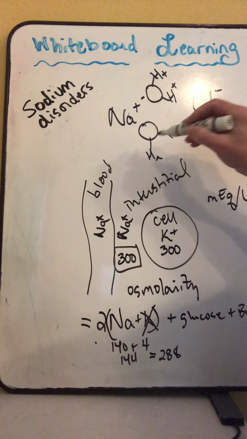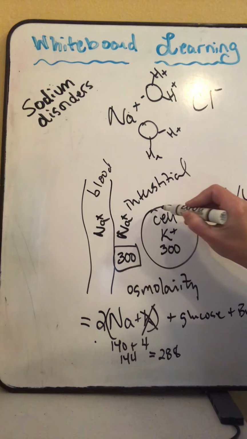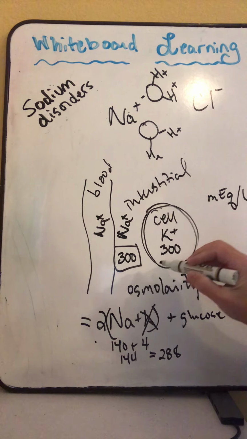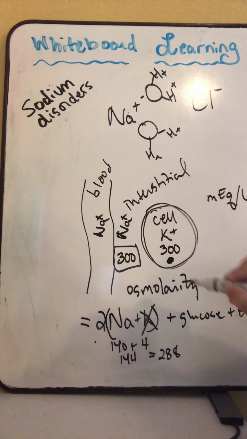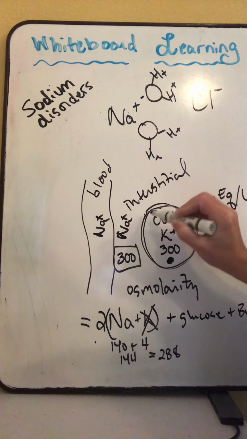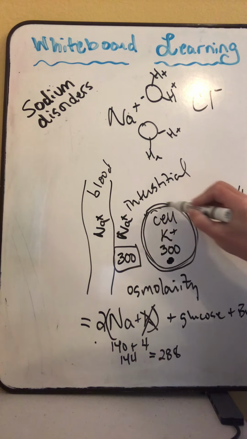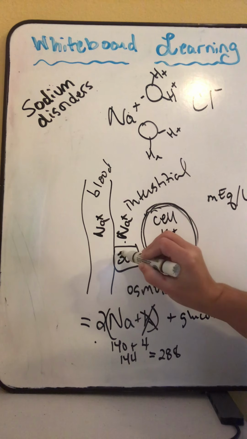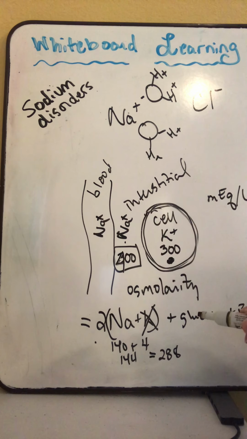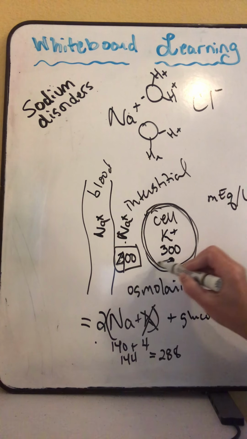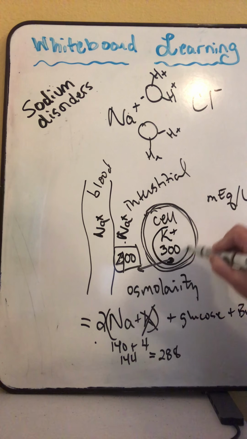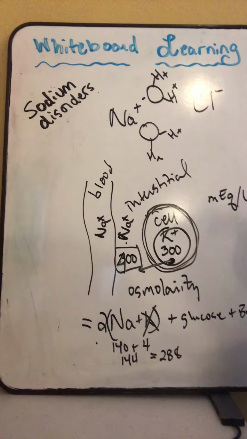Because it controls where the water goes, which is really important for cell size, because this is not a plant cell, it's an animal cell, so it's not rigid. Water here will want to move here if this suddenly becomes 400. Remember, water wants to go where the higher salt is, and so it will go out here and the cell will shrink.